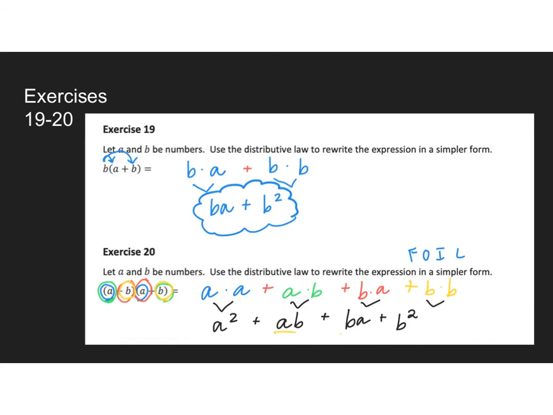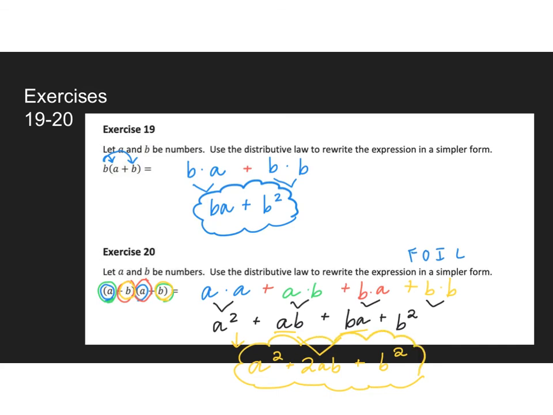AB and BA are the same thing. So remember, order doesn't matter when we multiply. So it's AB and another AB. This is the same as saying 2 ABs. And then we just keep everything else the same: A squared plus 2AB plus B squared. All right, and again, if this is too difficult for you, that is completely fine. Don't worry about it.